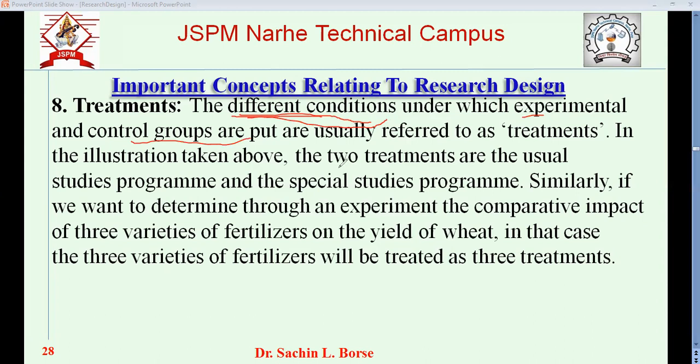So in the previous example, there are two treatments: usual study program and special study program.